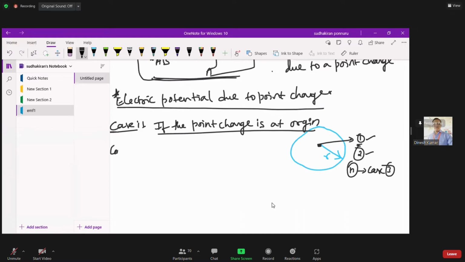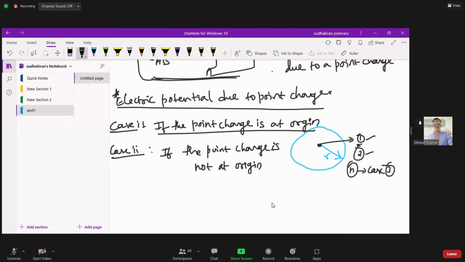For case 2, if the point charge is not at origin.